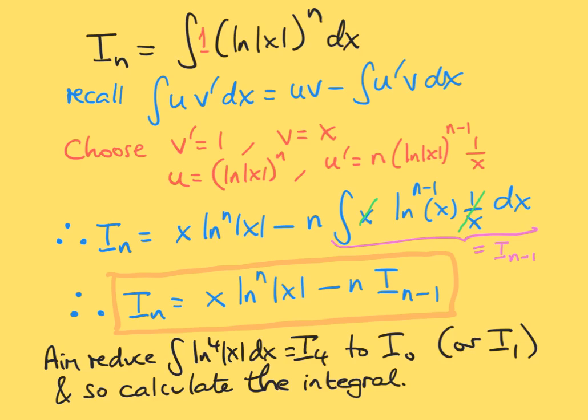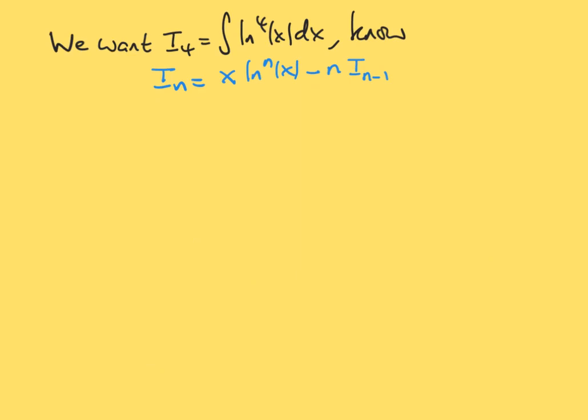On the next slide, we're going to calculate I4 by using this equation repeatedly. And the important thing is to think about presentation and tidying as you go along. So on this slide, I want to calculate I4 using our reduction formula.